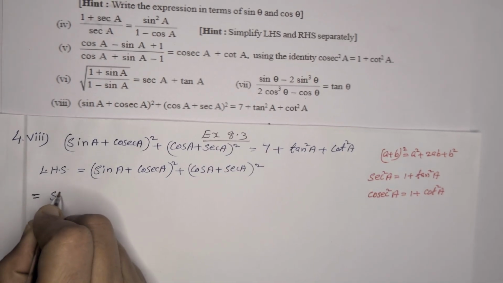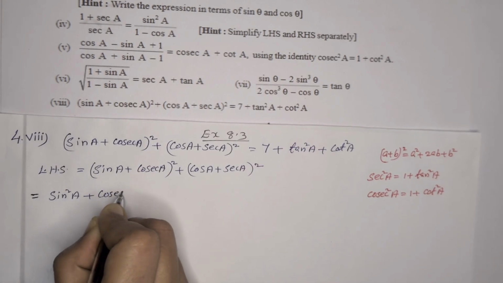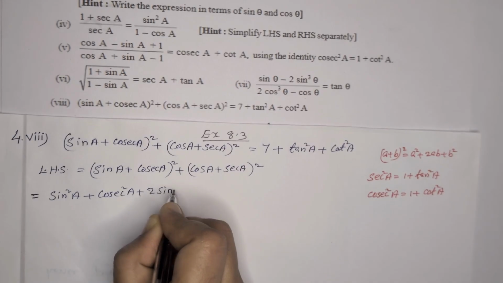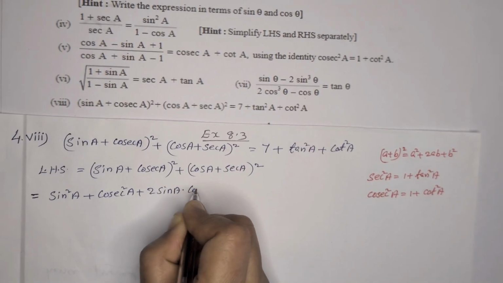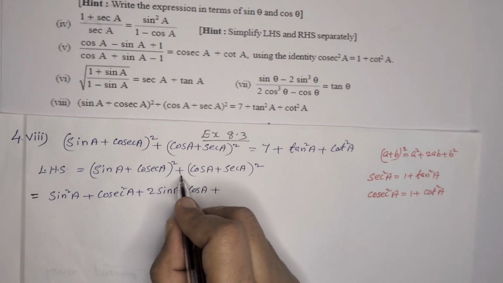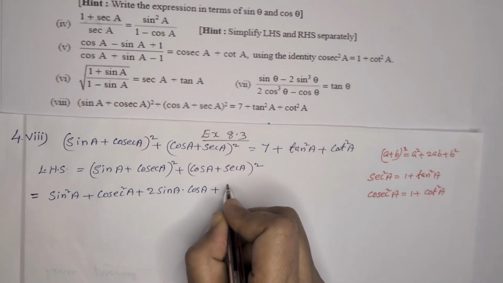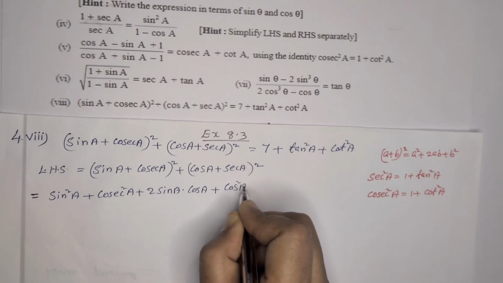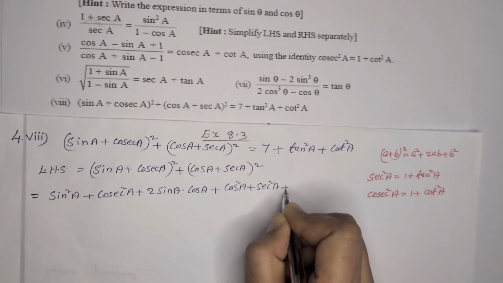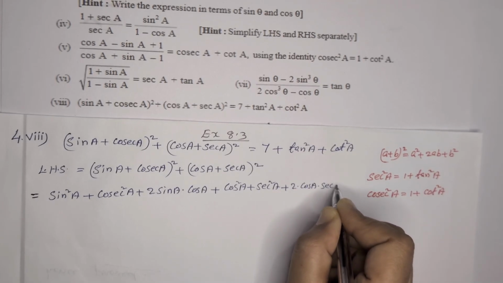So we will get sin square A plus cosec square A plus 2 sin A into cosec A. That's the first bracket. Now plus the second bracket, also by using (a plus b) the whole square, cos square A plus sec square A plus 2 into cos A sec A.